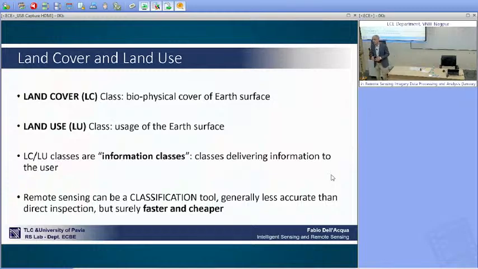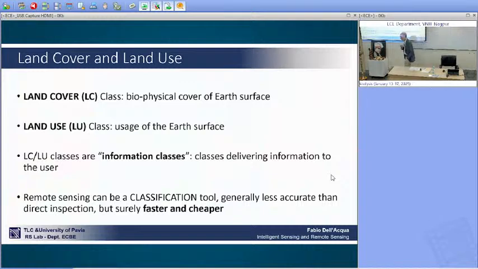As I said, cadastral data, for example, can also represent land cover data without having been sourced from satellite data. But the advantage of remote sensing in this sense is that it offers you a tool to generate this type of information in a fast and cheap way.